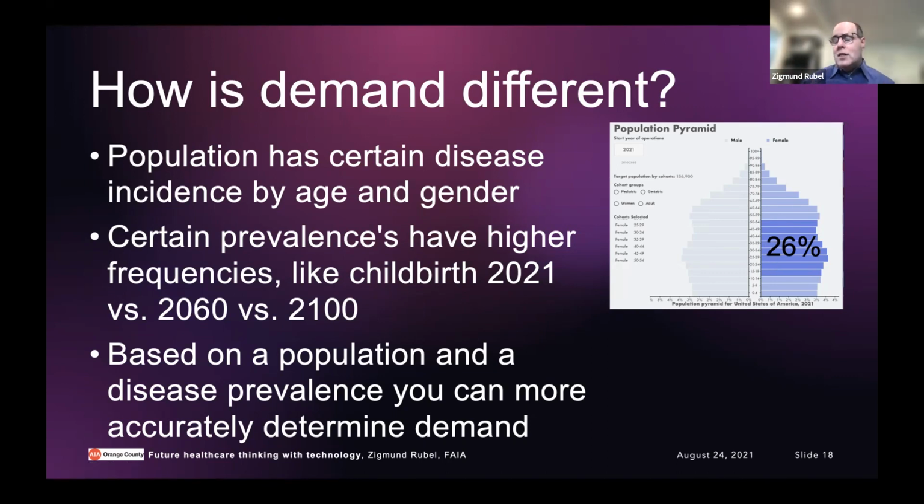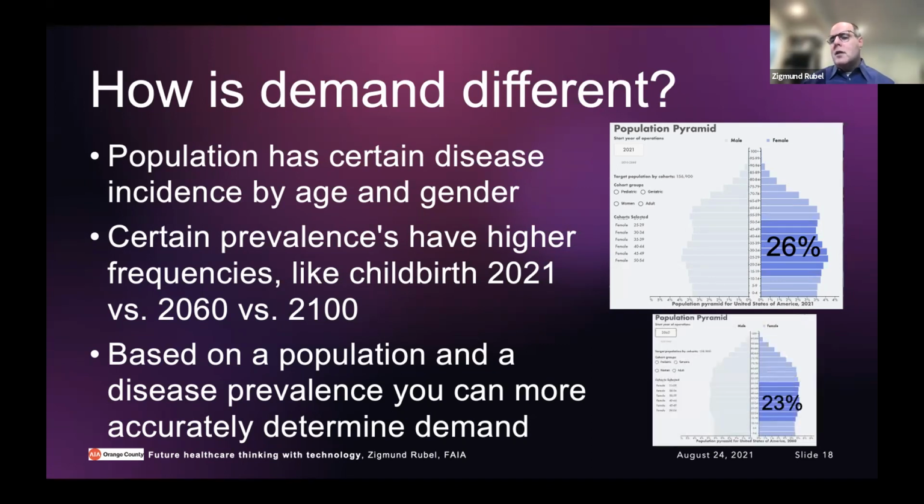And the reason why that's important today is that a lot of healthcare providers see women and moms as being the primary customer to their healthcare system. Well, in 40 years, that's going to change, because we're going to have a lot more older people than we are moms that are producing children.